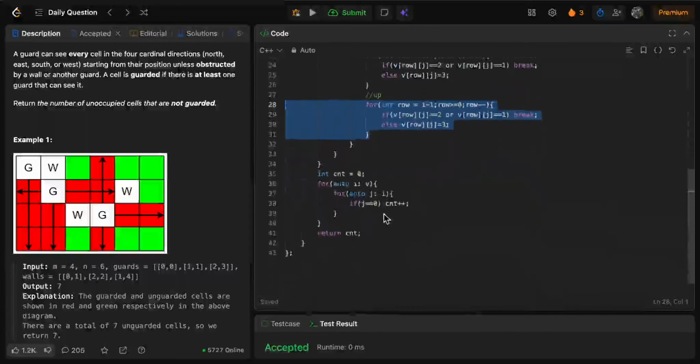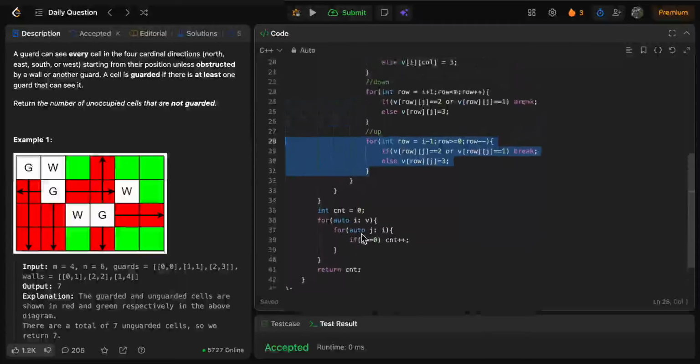Then at last I am just counting the unoccupied cells, meaning if a cell contains 0, that means it is not occupied by any guard or wall and cannot be seen by any guard. So at last I am returning the count.